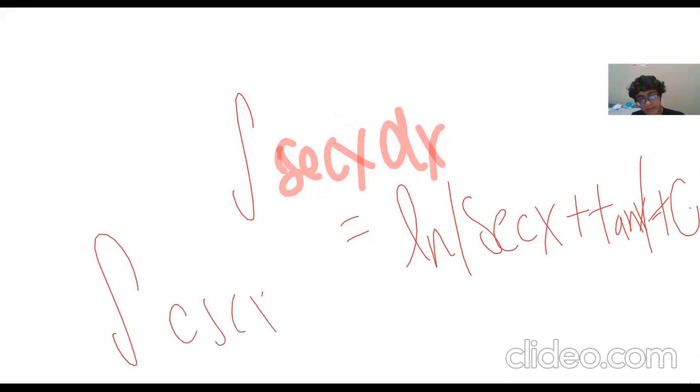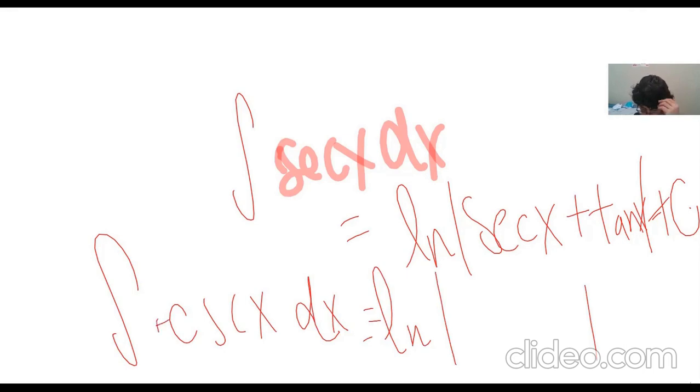Cosecant x is a little different, but the same idea. Here you have the negative natural log, because this was a positive up here, right? This is the negativeness of these associated terms.